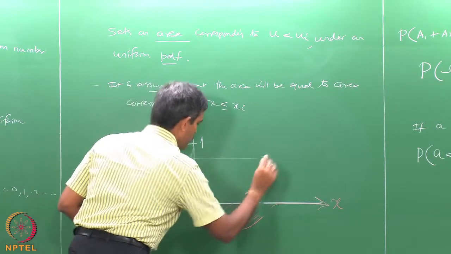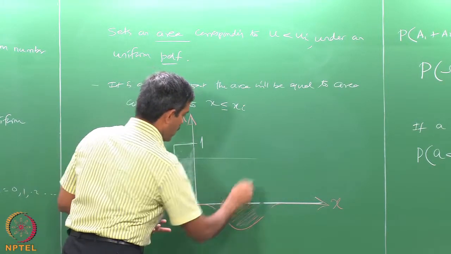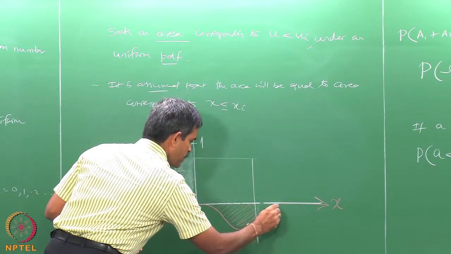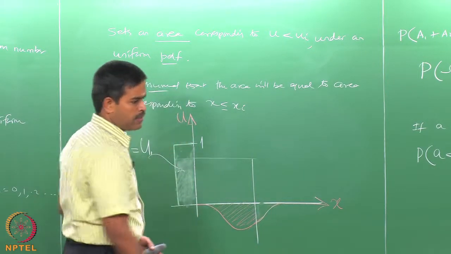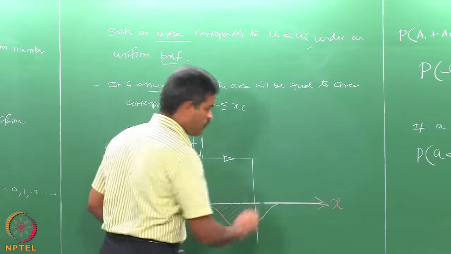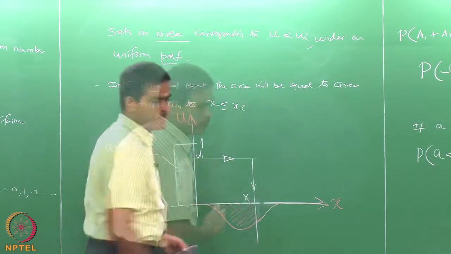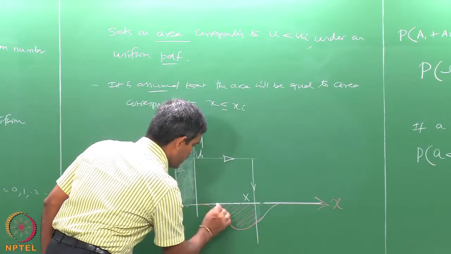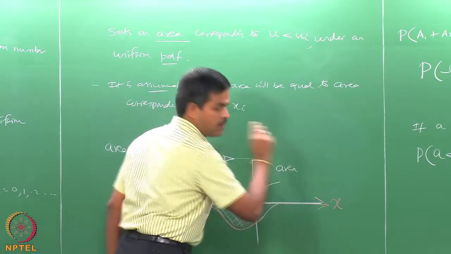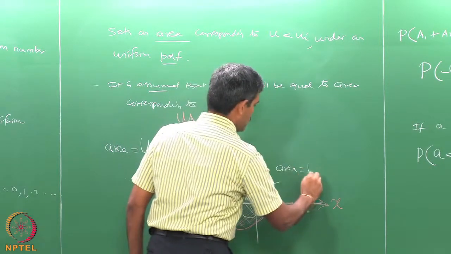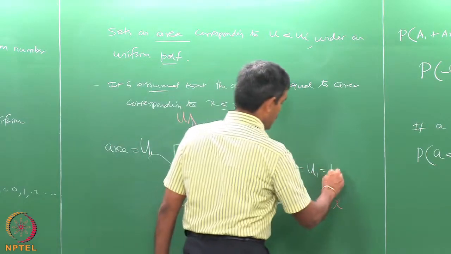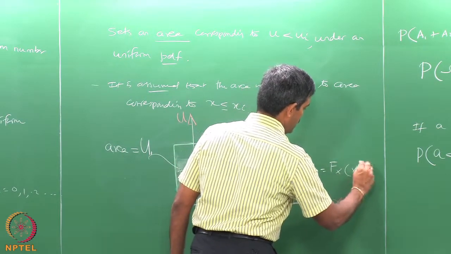I mark a corresponding area here. So, this is u1 and of course, this is my x, and this area will be equal to u1, which is an assumption that is going to be f of x xi.